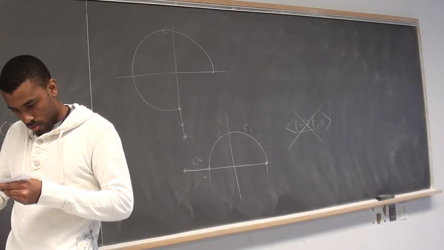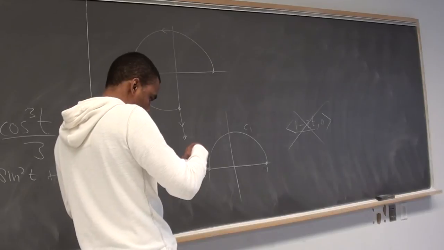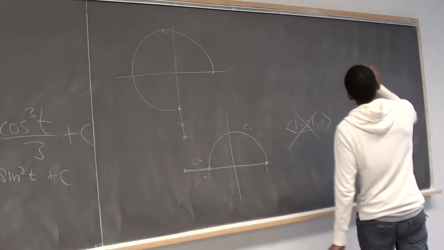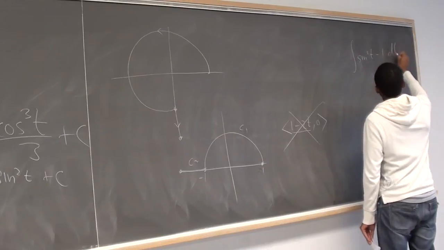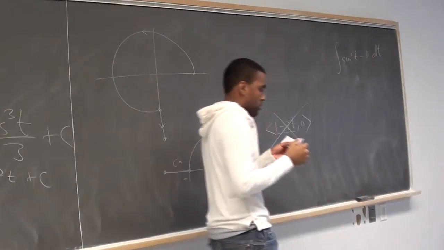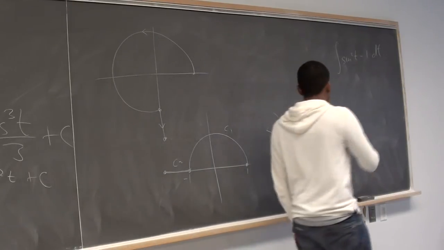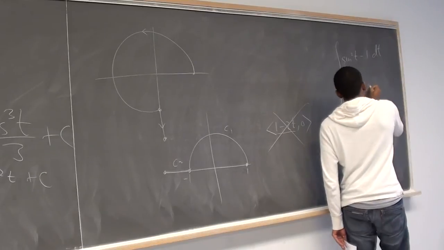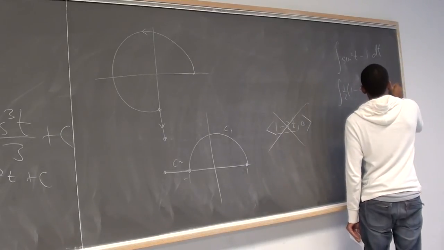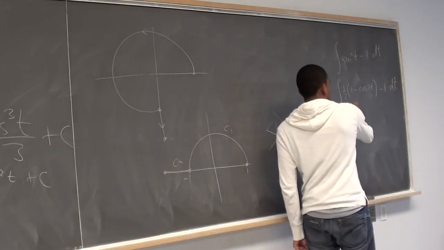Let's see. There are other arithmetic mistakes like factoring trouble. For example, I think there was a problem with sine squared t minus 1 dt or something like that, right? Now, some students actually did their homework and realized, oh yeah, okay, I can write this as 1/2 times 1 minus cosine 2t. But then what they did was they factored out this half, right?